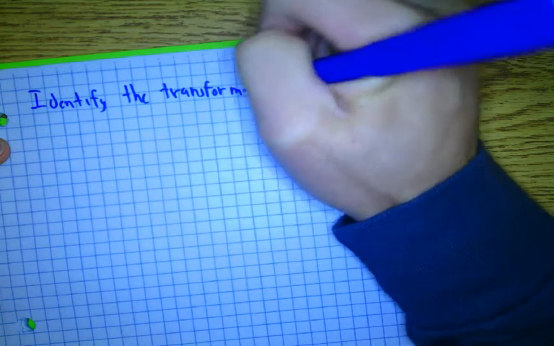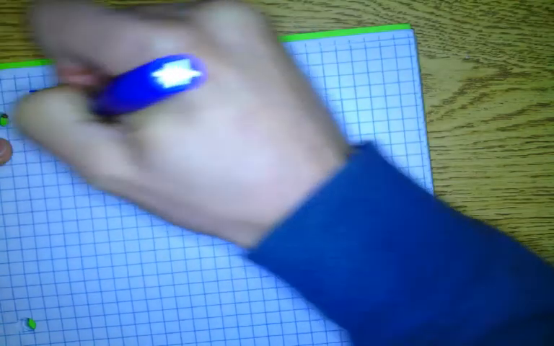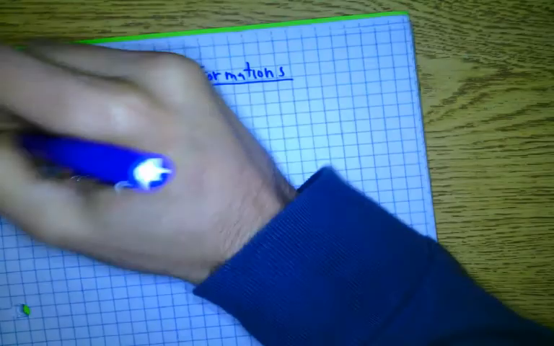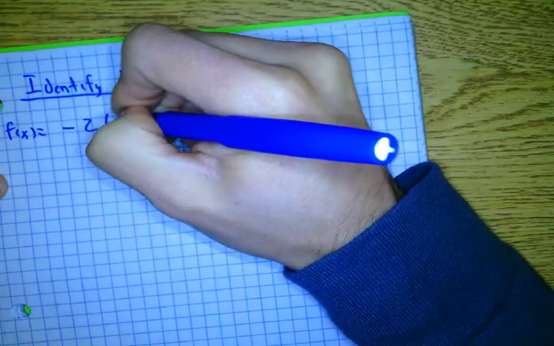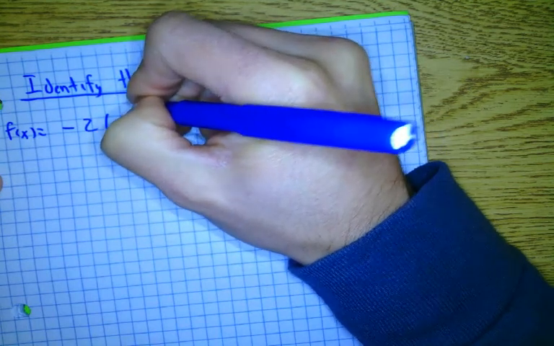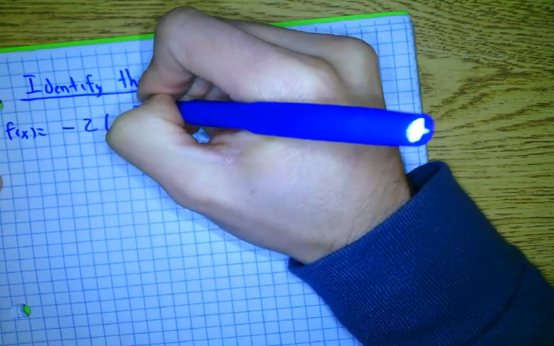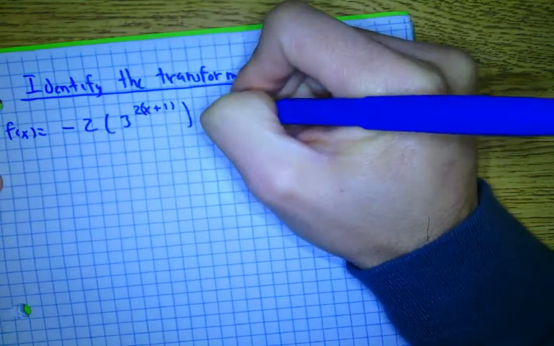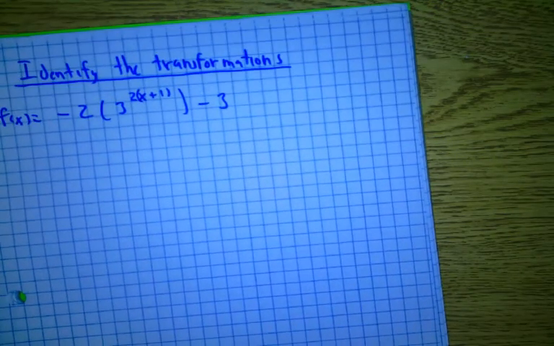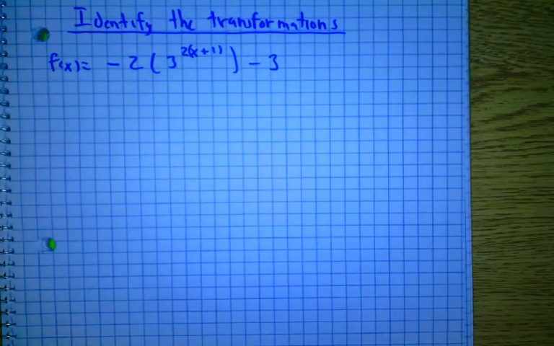Okay, so let's say that we have f of x is equal to negative 2 times 3 to the 2x plus 1 minus 3. So right now we're not graphing. All I'm asking you is can you identify the transformations? Okay? We will graph some, just not with that many transformations to be honest.